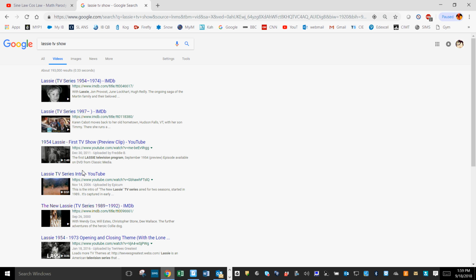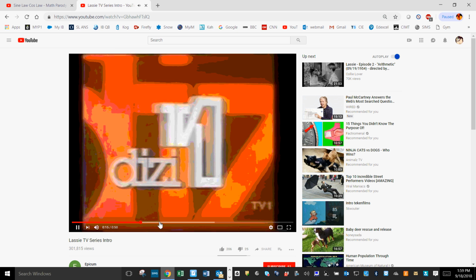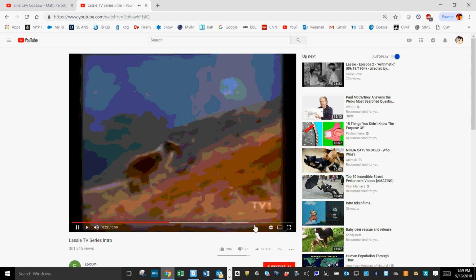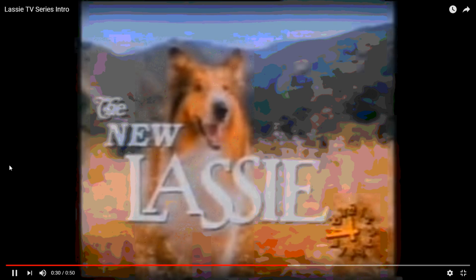That's Lassie. Lassie was the super dog that saved everyone, and the dog understands them. I think this looks like early 80s Lassie. The soft focus, the hair.